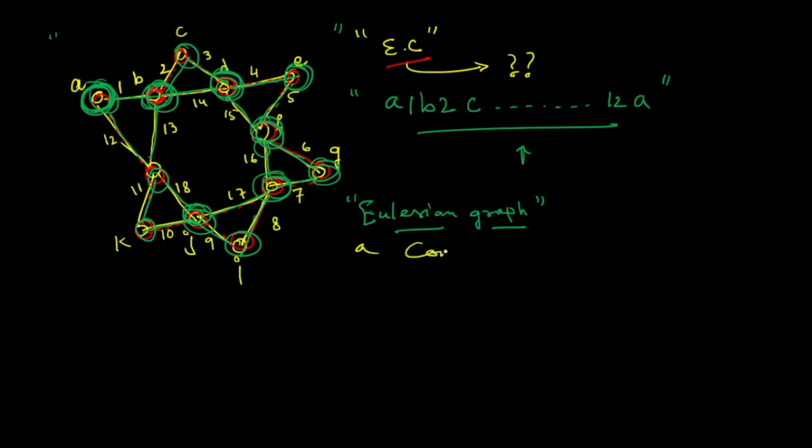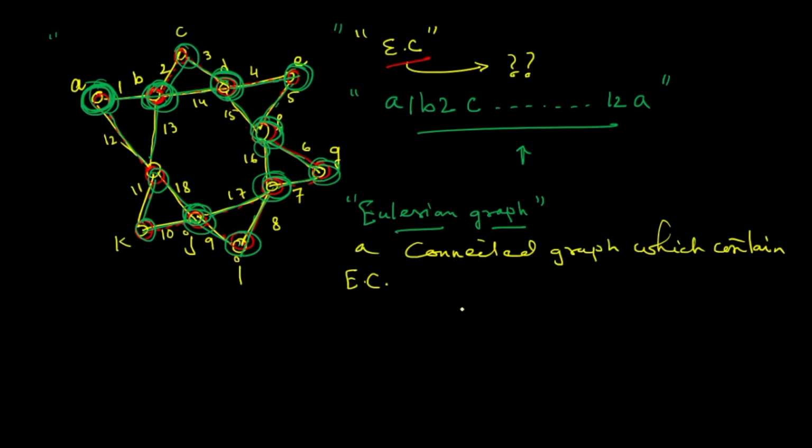This is the formal definition: a connected graph which contains a Eulerian circuit is called a Eulerian graph. Okay, so for example, you can have this example itself. Okay, so this is a Eulerian graph.